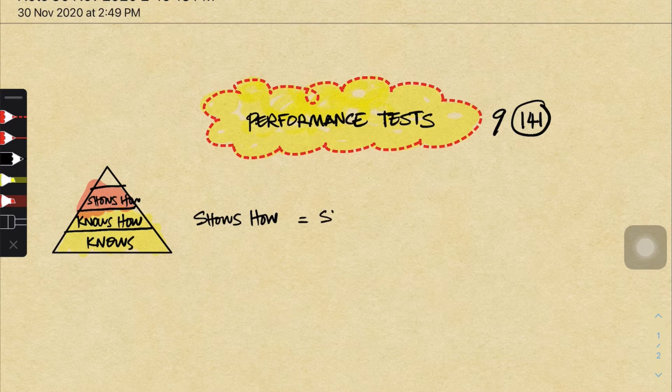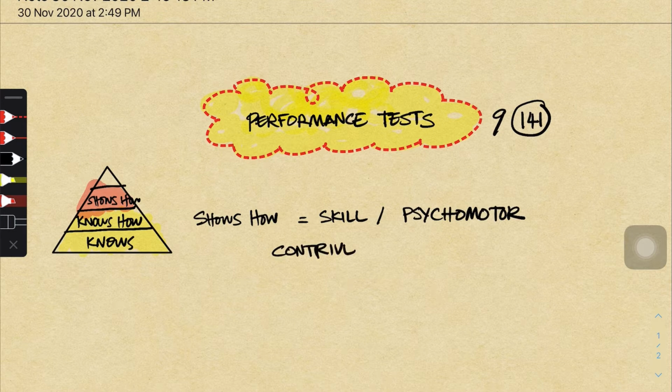You have elements of skill, or what we call psychomotor. And the situation is contrived, meaning that we set it up, we control the environment, we simulate things.